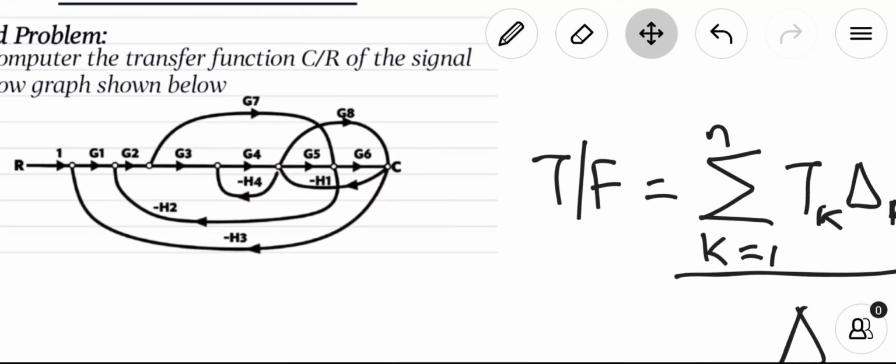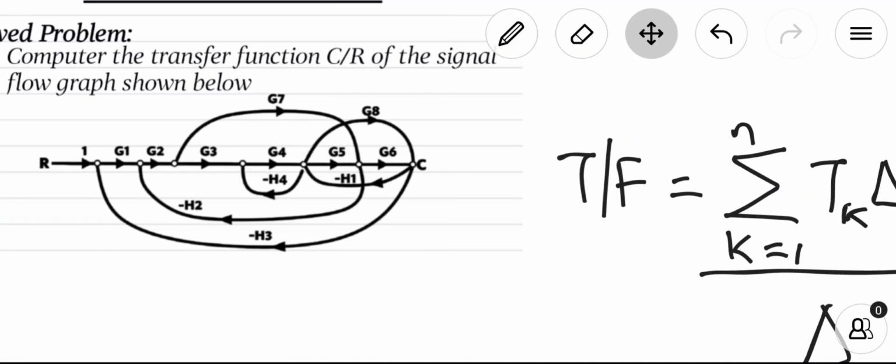My L1 is G2, G3, G4, G5, and then coming back down to this point, which is a closed loop.